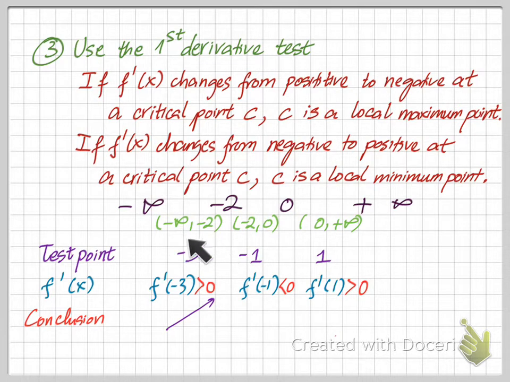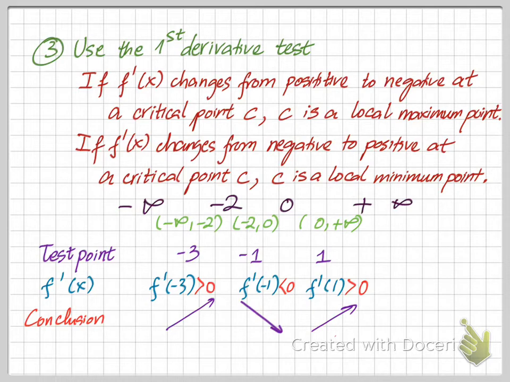On the interval -infinity to -2, since the derivative at the test point is positive, I know that this function is increasing on this interval. Going to the next interval, -2 to 0, since the derivative at the test point is negative, this function is decreasing on this interval. And on the interval from 0 to positive infinity, the function is increasing because the derivative is positive.